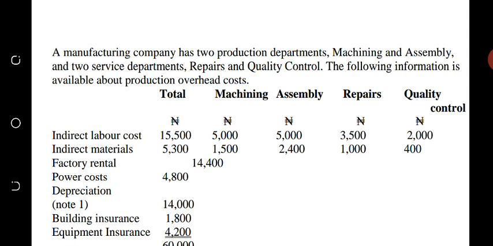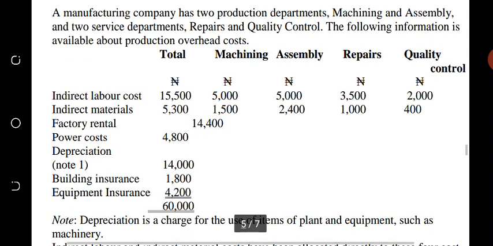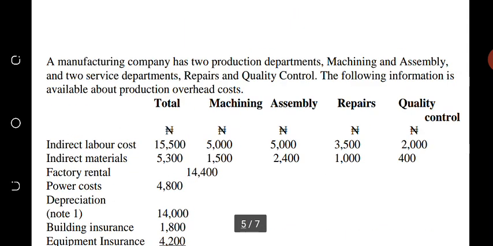The following information is available about production overhead costs. We have the two production departments, which are machining and assembling, while these other two are service departments.